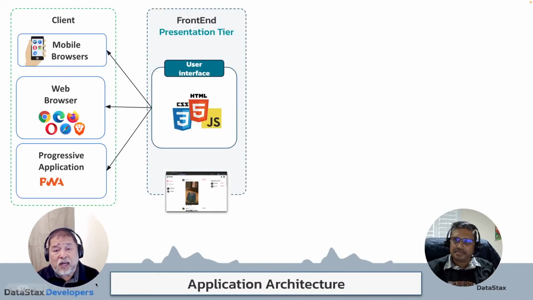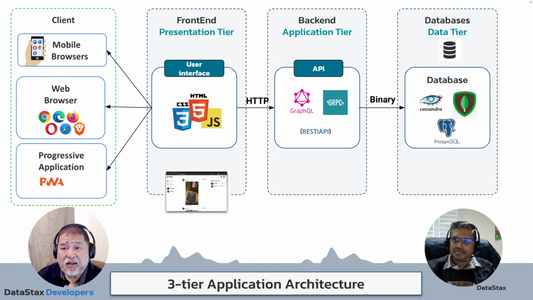The front end that's going to serve this is CSS, HTML, JavaScript, and those things combined into React. The back end of this application is going to expose an API, and the API is going to be exposed over REST.